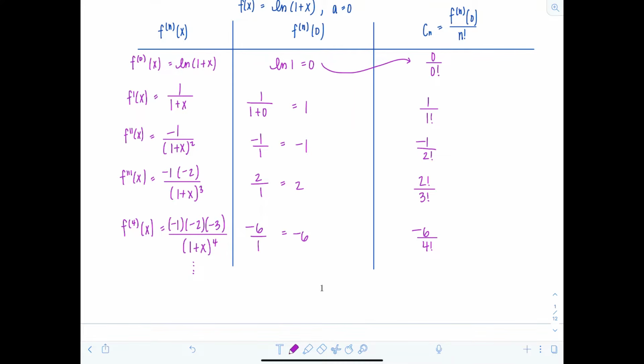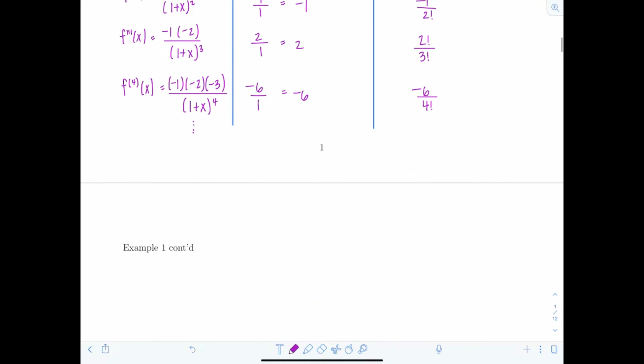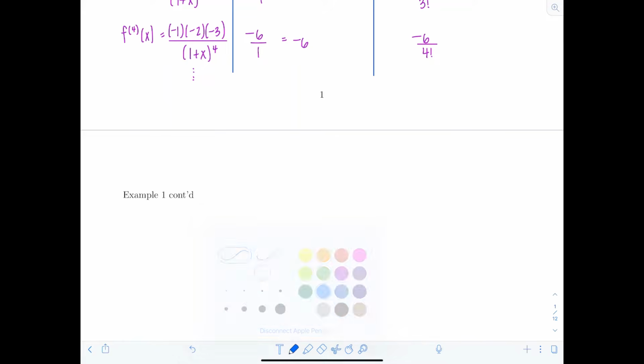Okay, so let's see, what are we going to be left with here now? I want to put everything all together and list out the first few terms. So my function, which is natural log of 1 plus x.